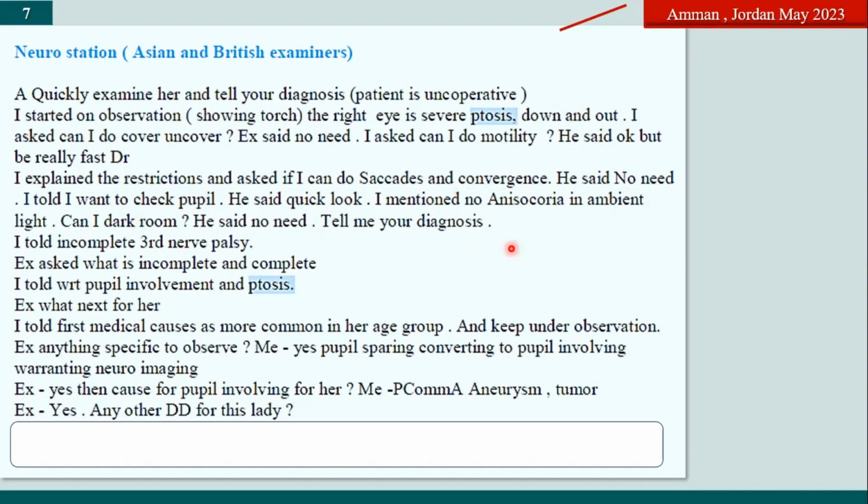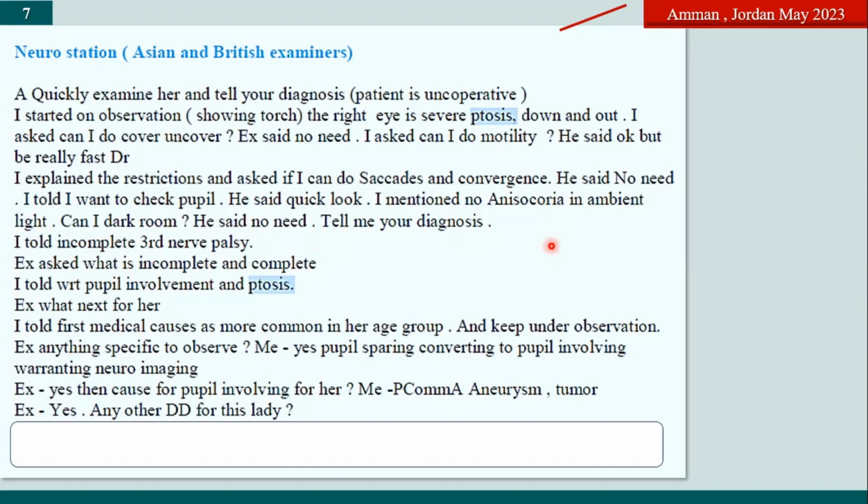And she didn't notice any anisocoria in ambient light. So there is no anisocoria. Here the candidate said, can I darken the room or turn off lights? He said, no need. By the way, anisocoria in third nerve palsy, is it more significant in ambient, photopic or scotopic light?